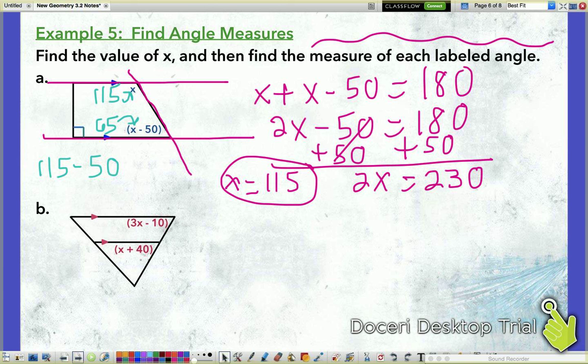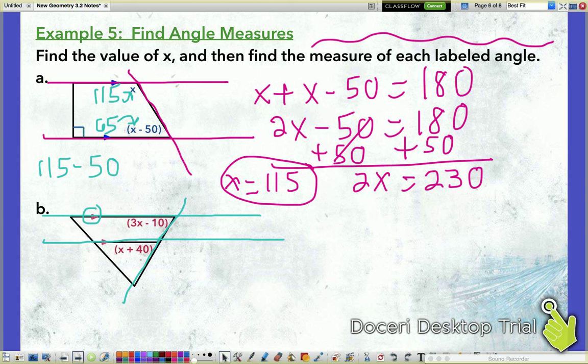Okay, so again on the next diagram, looks like we've got a triangle, but let's extend these parallel lines. And I know they're parallel again because they have the arrowheads. That's what that means. So this would be my transversal.